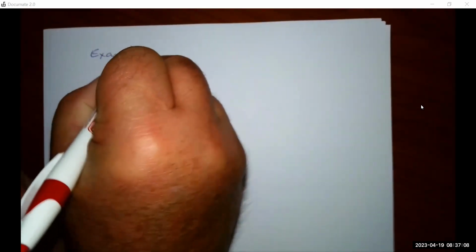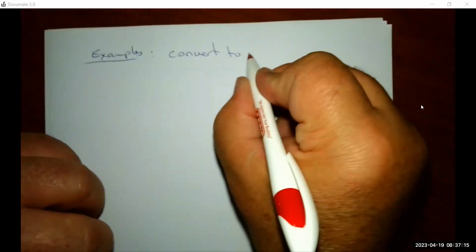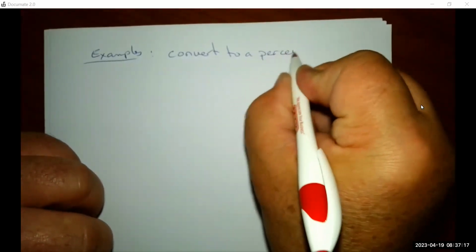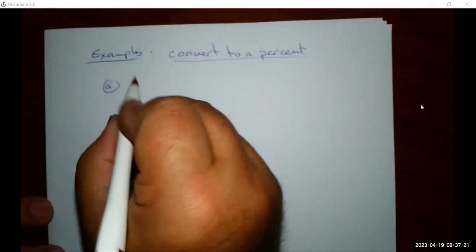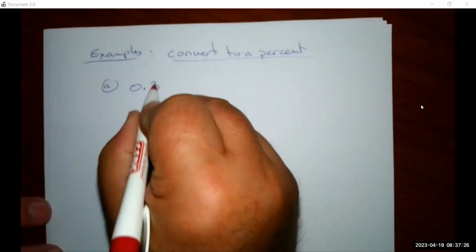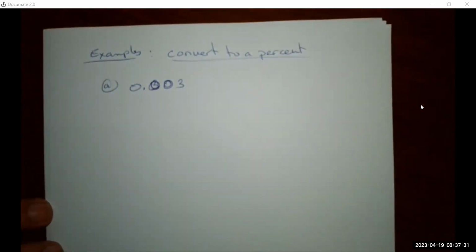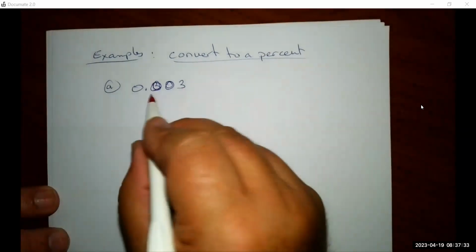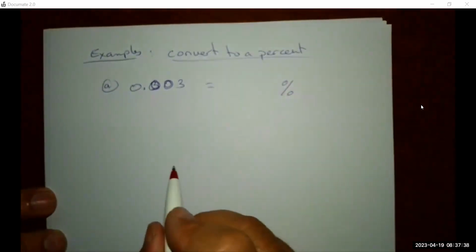Here are some examples. Convert 0.003 to a percent. It's a decimal. We want it to be a percent.